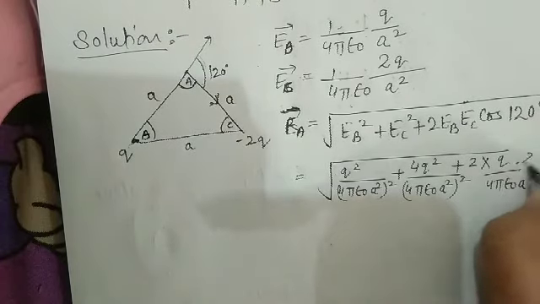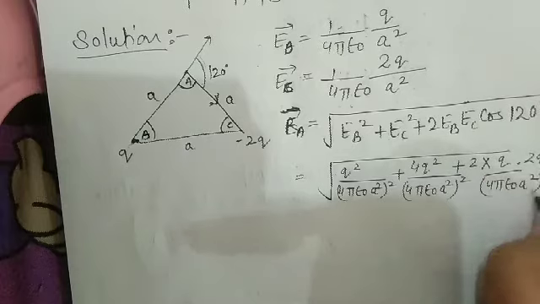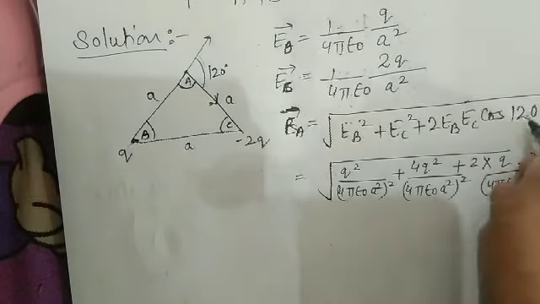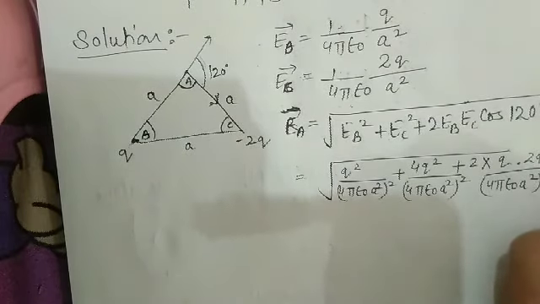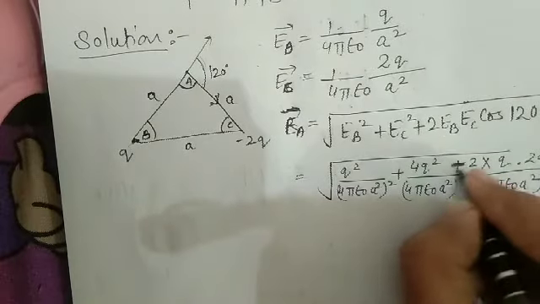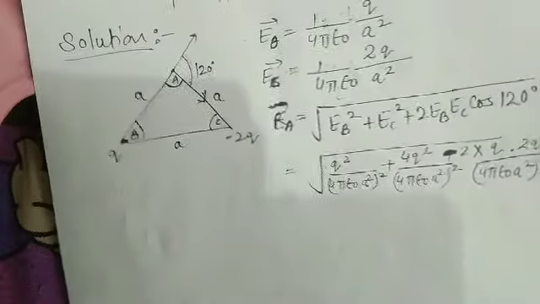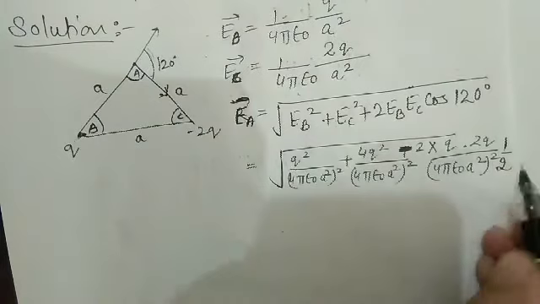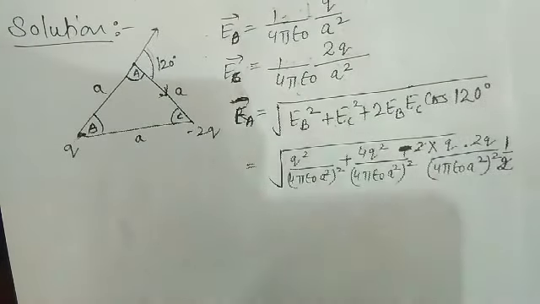EC is equal to 2Q upon 4 pi epsilon naught A square, keeping square here, cos 120, that is 1 by 2 but with negative sign, so I am writing here minus. Clear? Now 2 will cancel with 2.